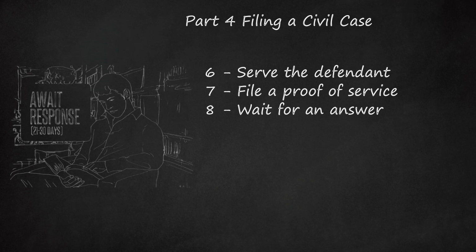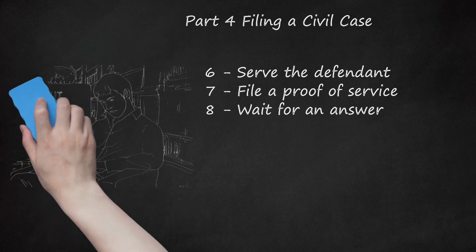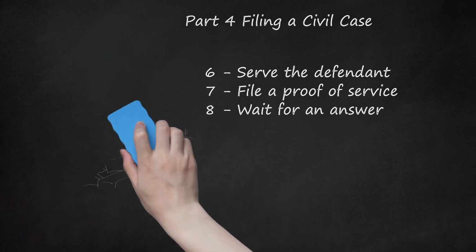Your employer also has the option of simply paying you to settle the case. If you are paid the money that you are owed, then you can ask the court clerk how to dismiss your lawsuit, which will require filing additional paperwork. If your employer does not respond to the complaint, ask the clerk what forms you need to submit in order to request a default judgment.